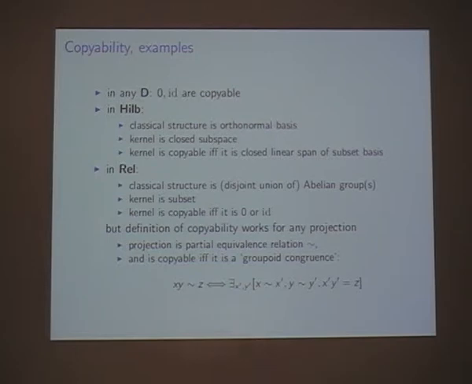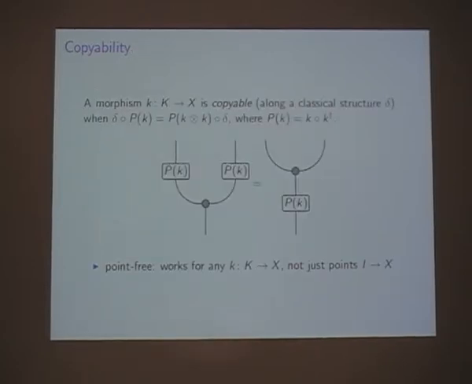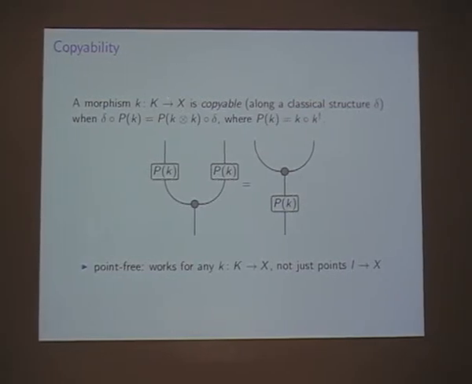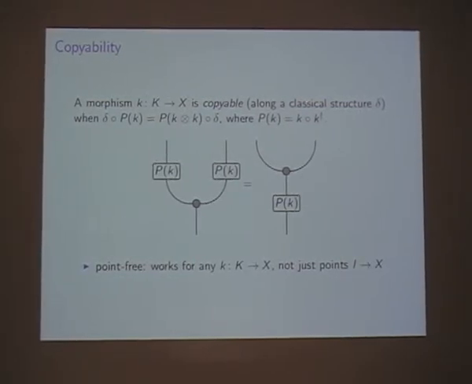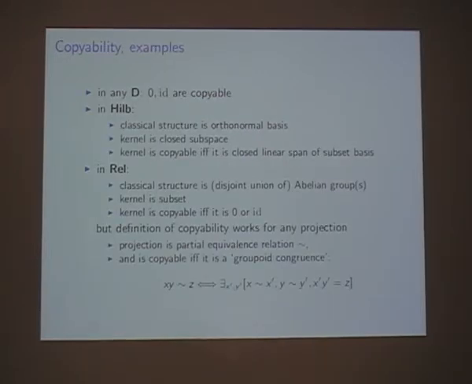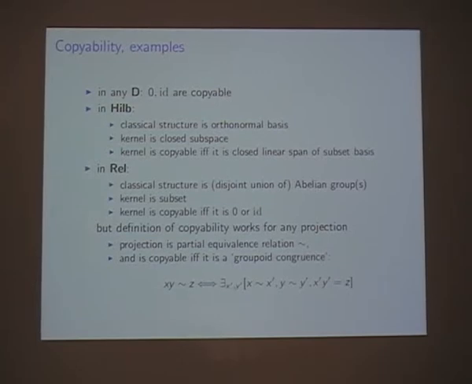Because if you remember, where is this definition? I defined it here for any morphism K, and then I double K, so to speak. But I could just have done this for any p from X to X, disregarding K, for any projection. So if you do that, the projections in the category of relations are precisely partial equivalence relations we can characterize.